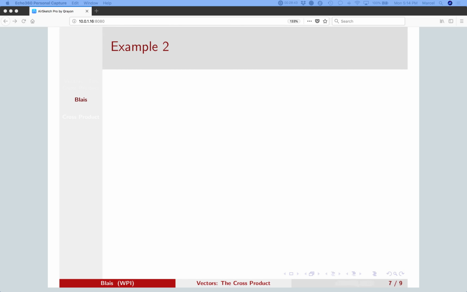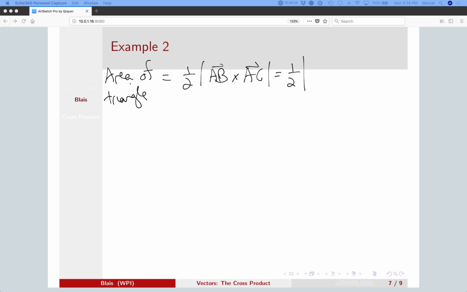So we have that the area of the triangle, again, remember it was 1/2 times the magnitude of the cross product of these two vectors, or 1/2 times the magnitude of the vector minus 74, 3, minus 10.